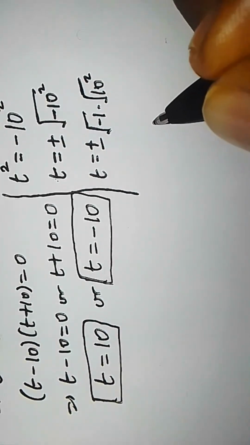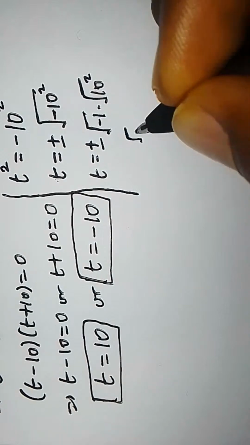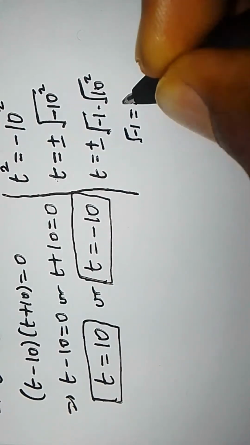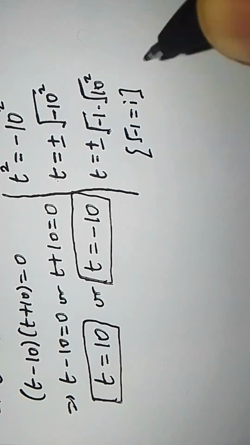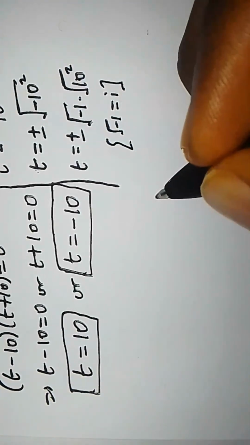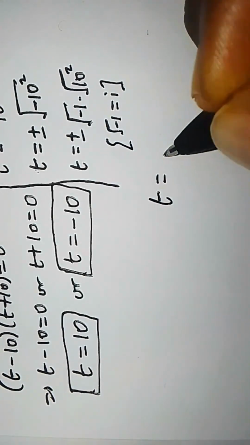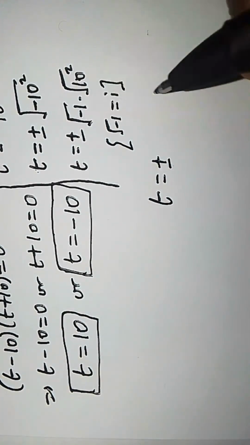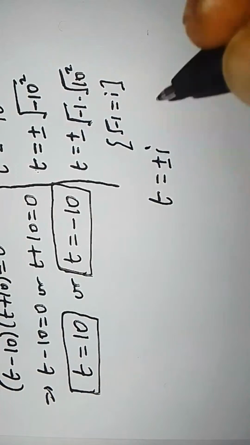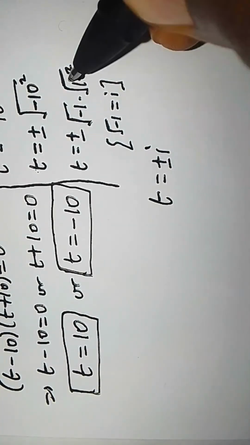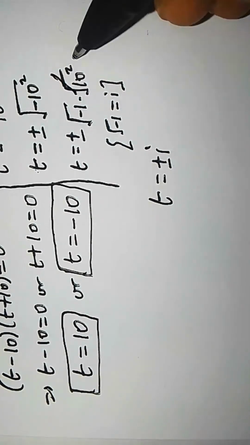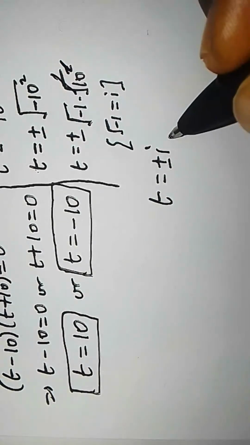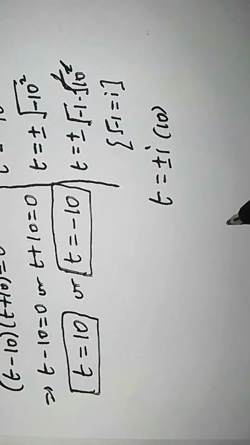Recall that from complex numbers, the square root of negative 1 is equal to what? It is equal to i. So take note of this. So from here, we have t equal to plus or minus, in place of the square root of minus 1, we write i. And here, this square root takes care of this power. We are left with 10.